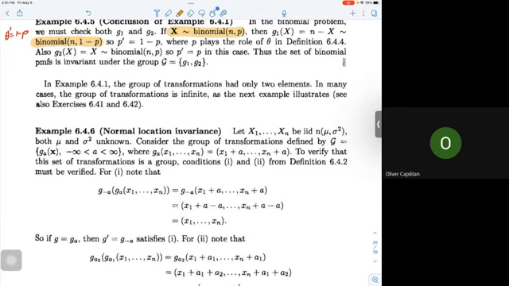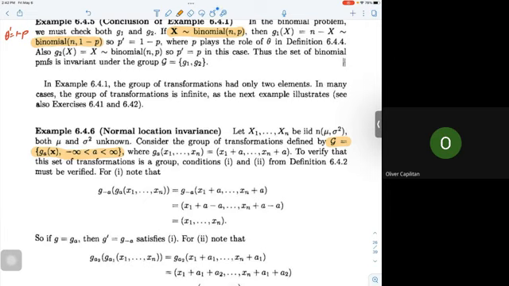We have the existence of the inverse, na dapat kung meron kang function g in script G, dapat nag-exist yung kanyang inverse that is also an element in script G. And then yung composition ng mga functions in script G, yung result ng composition must also be a function in script G. And at the same time, the identity function must also be an element of script G. So kung titingnan natin dito yung script G here, this is an infinite set because it is conditioned on the value of A, where A is any real number.